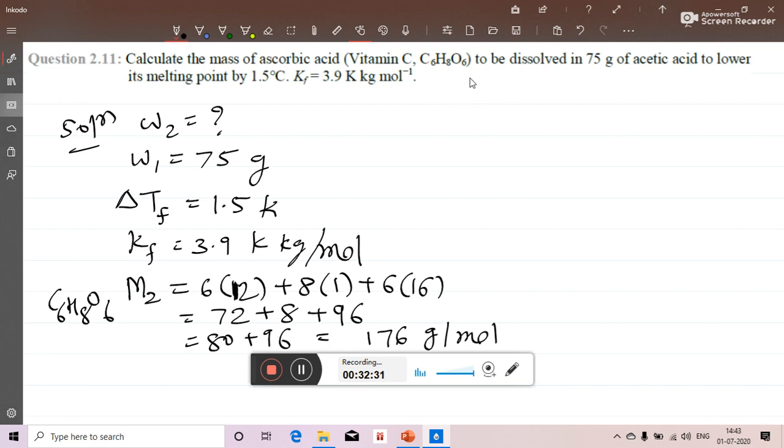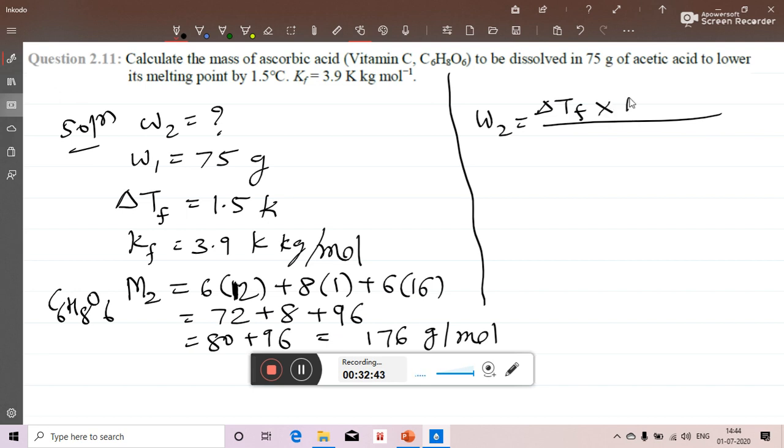Now we have to find out mass of ascorbic acid. So making W2 as a subject, we will get delta TF into M2 into W1 upon KF into 1000.